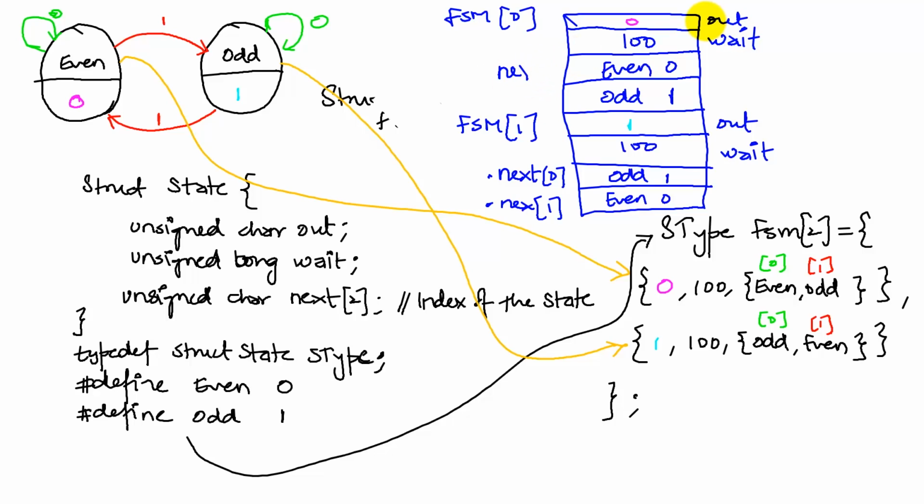So there's a dot, if you will, if I want to access it. This is next of 0, and this is next of 1. And this, in fact, is my index here. These are the green indexes, and these are my red indexes, which tell me on what input that happens.